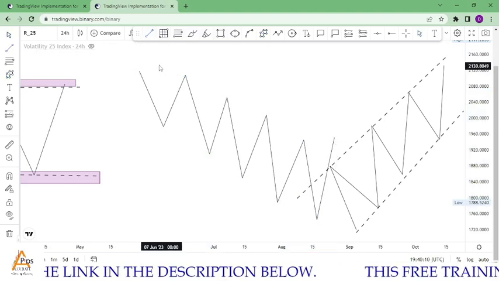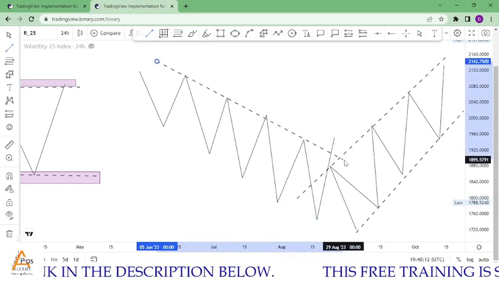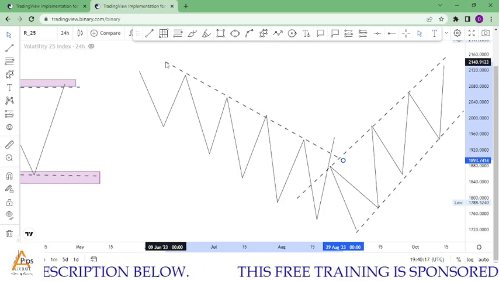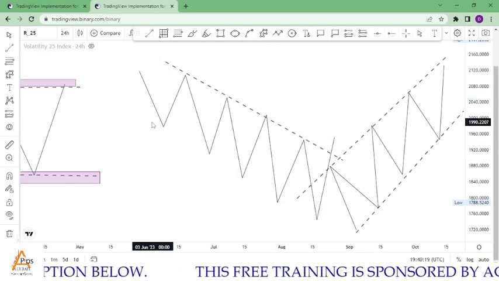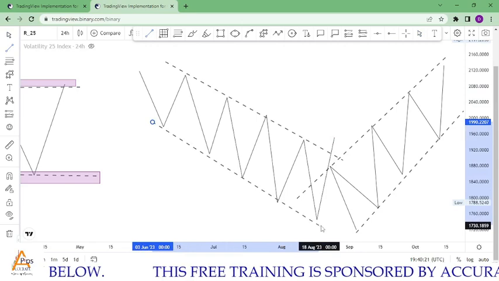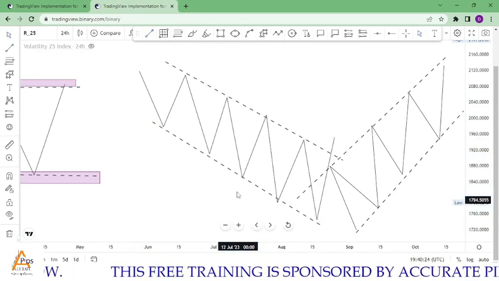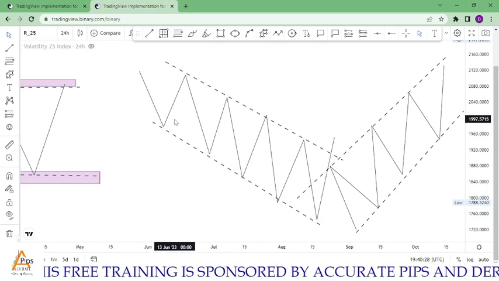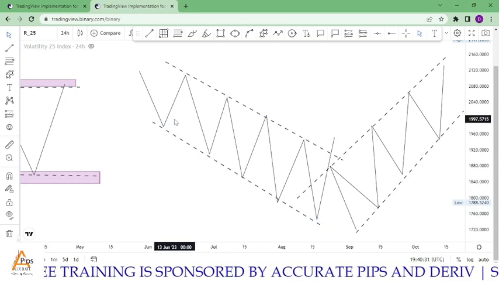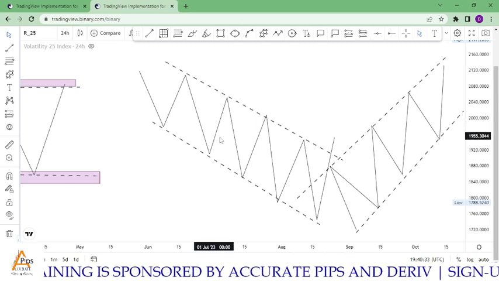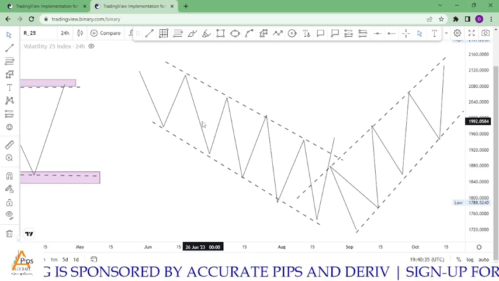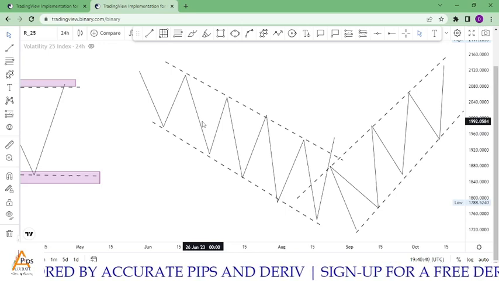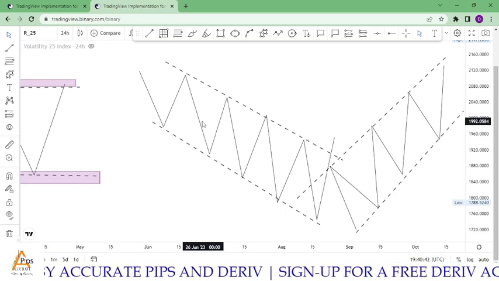If you join your trend line, you can connect your trend line both up and down, and this gives you a channel. So this is how dynamic support and resistance work, and this gives us what we call a dynamic range, a range that is formed at different price levels in a trend.